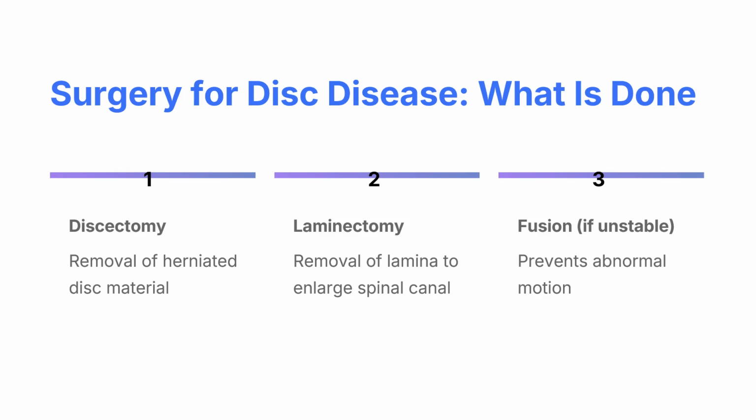If the vertebral column is not stable, for example a comminuted fracture, then fusion will be done so that the upper and lower vertebral bodies are fused together with the help of plates and screws. That will prevent instability.